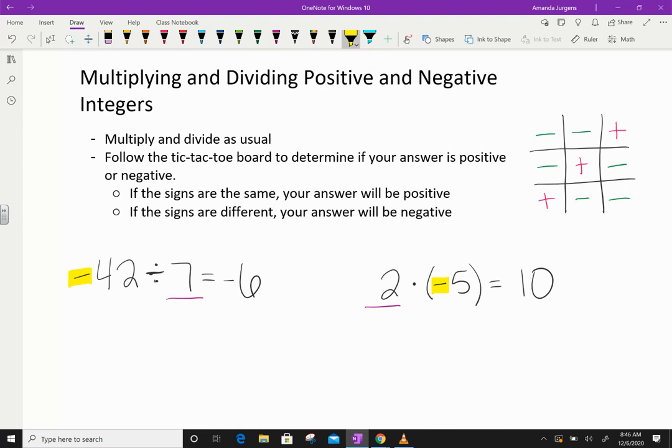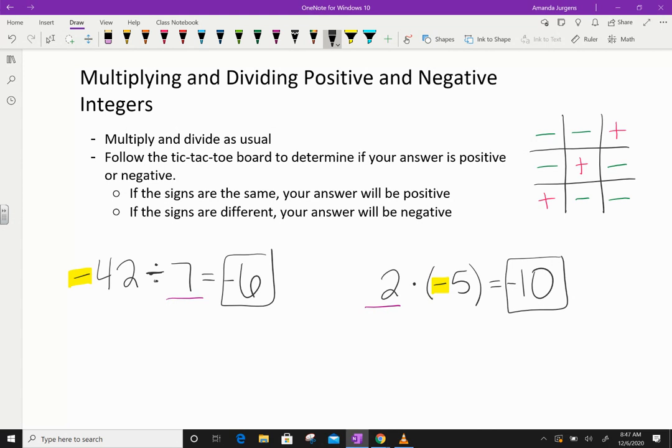Go ahead and think to yourself if you think the answer is going to be positive or negative. Again, I can look at my tic-tac-toe board. I have a positive number times a negative number, so my answer is going to end up being negative. Negative 10 is going to end up being my answer here.